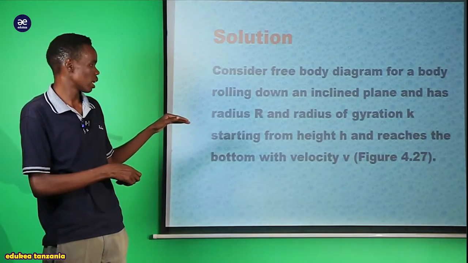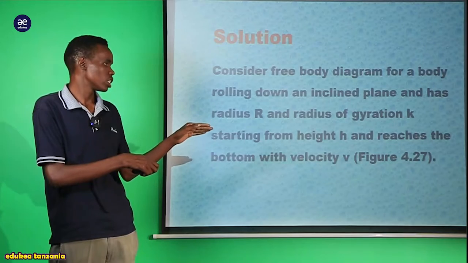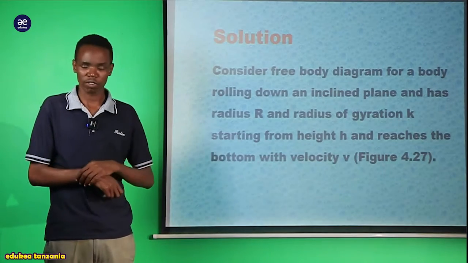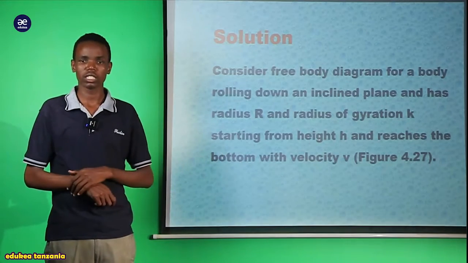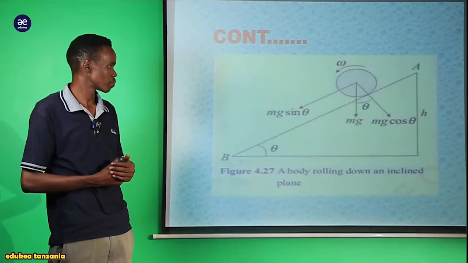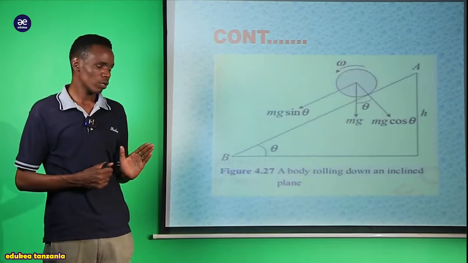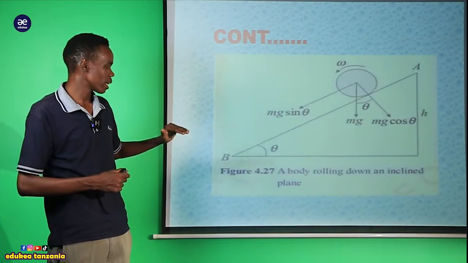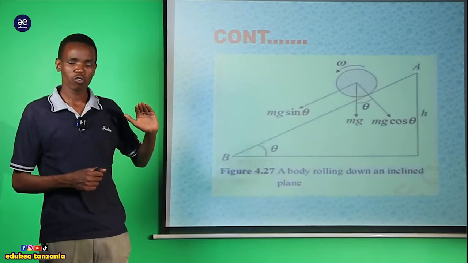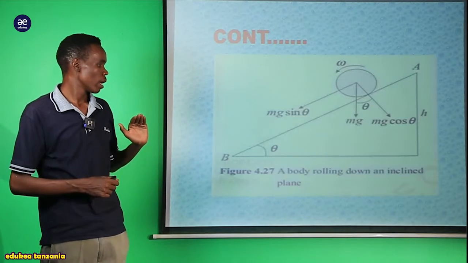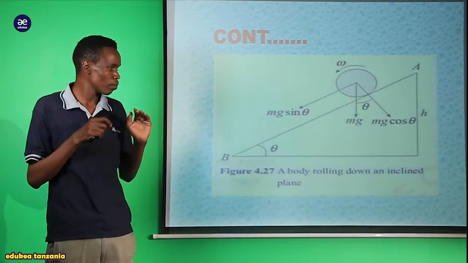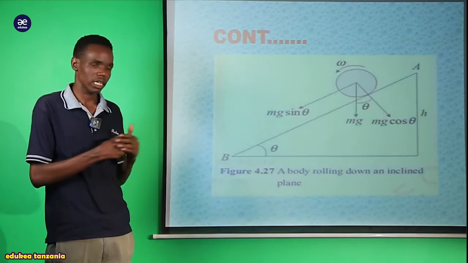So it starts from the height h and reaches the bottom with the velocity v, as shown on our figure here. Once we observe our figure, figure number 24 for our first topic, it explains the body rolling down an inclined plane.